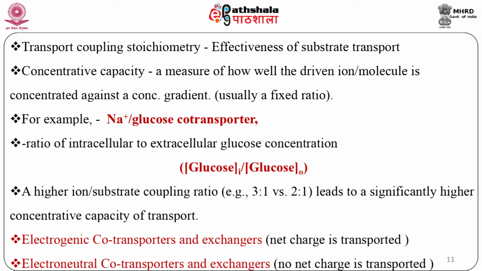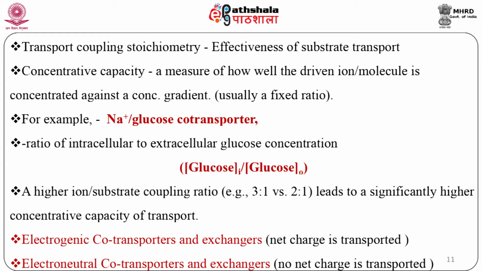For both cotransporters and exchangers, the effectiveness of transport process can be defined by concentrative capacity of a transport process. Concentrative capacity is a measure of how well the driven ion or molecule is concentrated against the concentration gradient. For example, for Na+ glucose cotransporter, concentrative capacity can be expressed as the ratio of intracellular to extracellular glucose concentration.